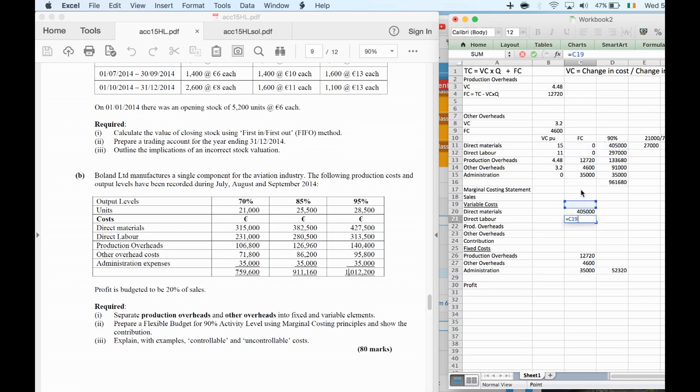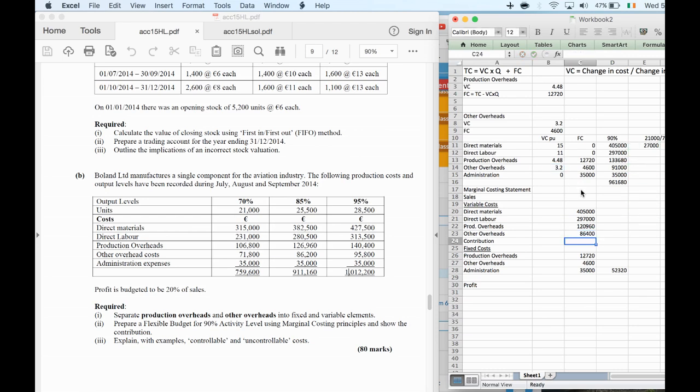I have the same thing for labor, so that's variable. For the production overheads, I'll do what I did a minute ago: 448 times 27,000, and for other overheads I have 3.2 times 27,000.